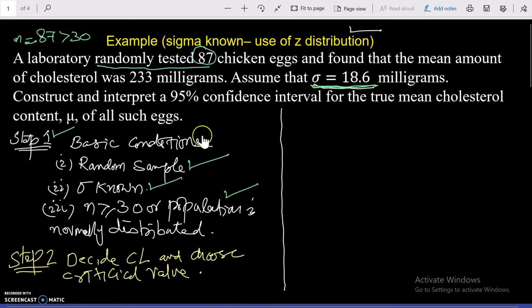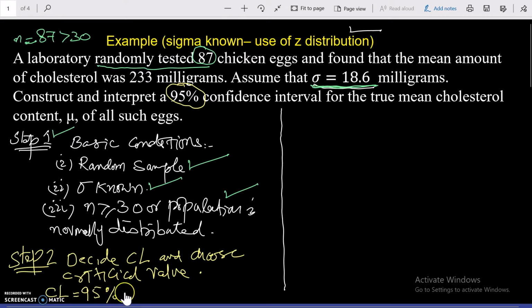Note that our confidence level is clearly mentioned here, 95%. That's the only thing which contains a percent sign, and that is the confidence level. So I have a confidence level equal to 95%.